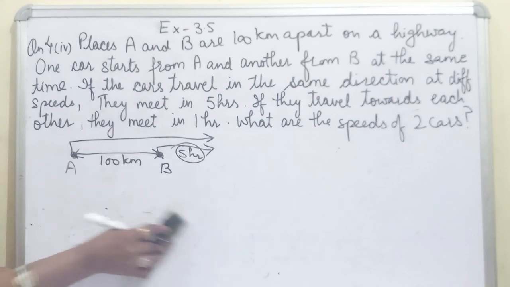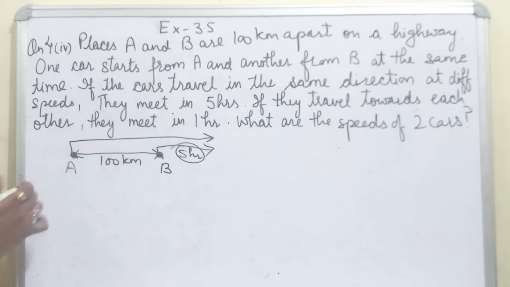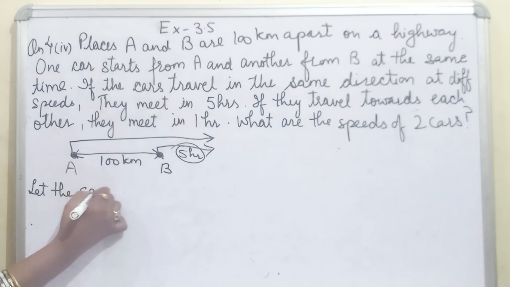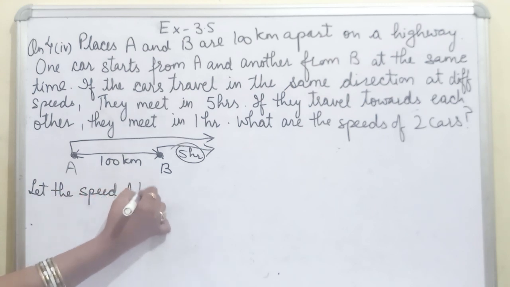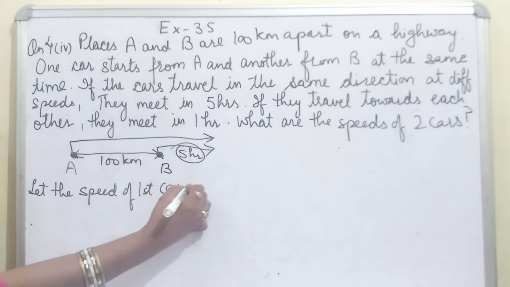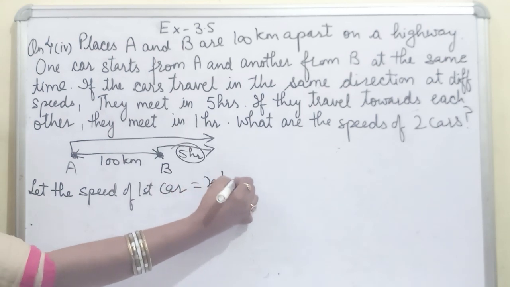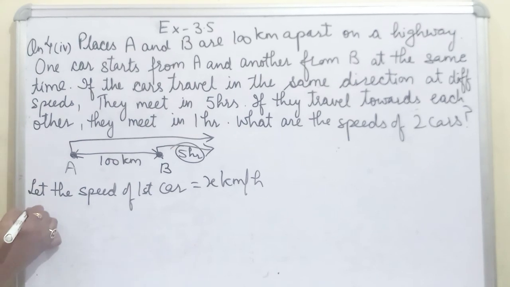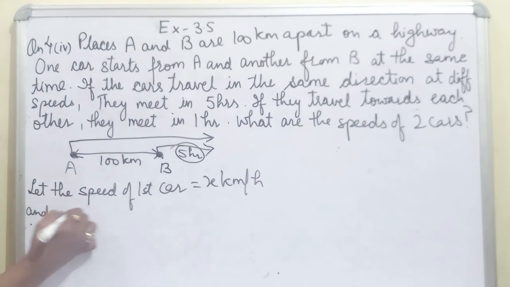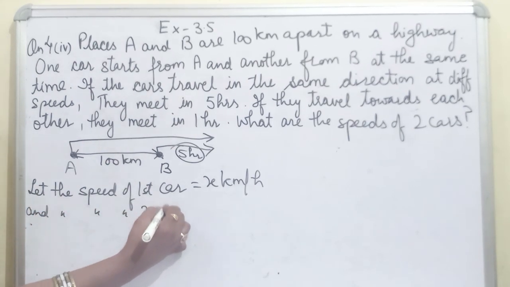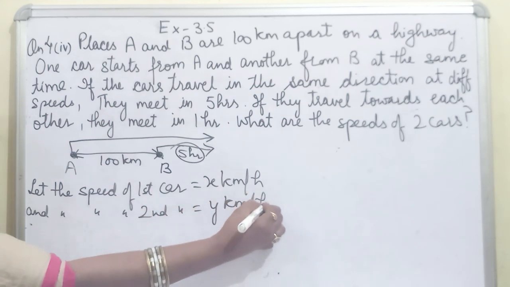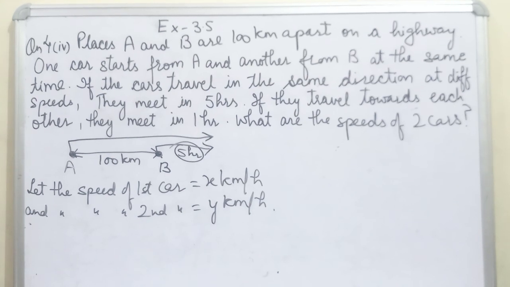So first of all, we have to suppose that the speed of first car is x kilometer per hour and the speed of second car is y kilometer per hour, right?